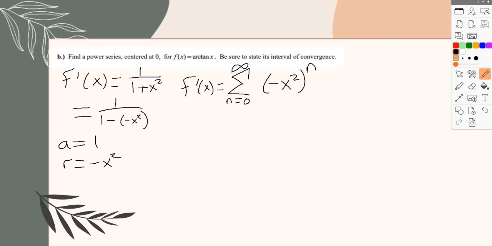But then what are we going to do? Not yet. We need to separate some stuff first. So I have negative 1 to the n times what? Which is the same thing as x to the 2n. Again, we're trying to clean it up a little bit so that it's easier to integrate. This time we would just straight up do a power rule.